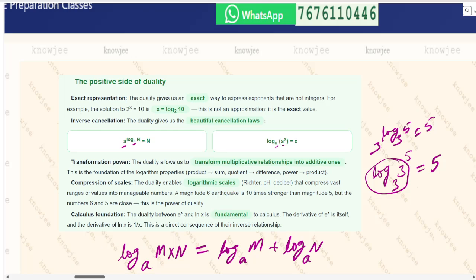So this multiplication is converted into addition.